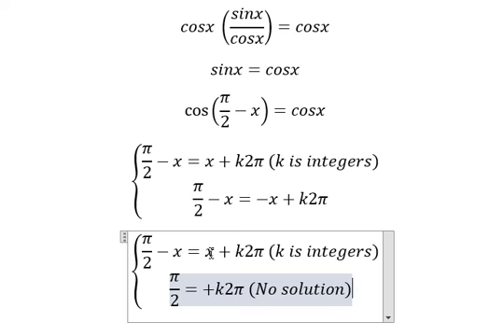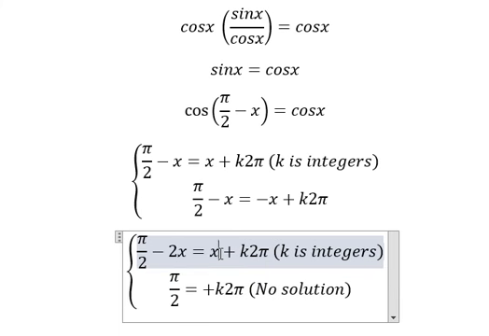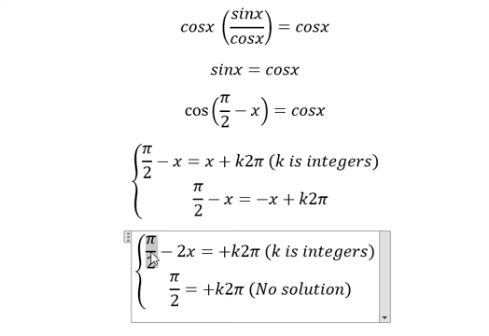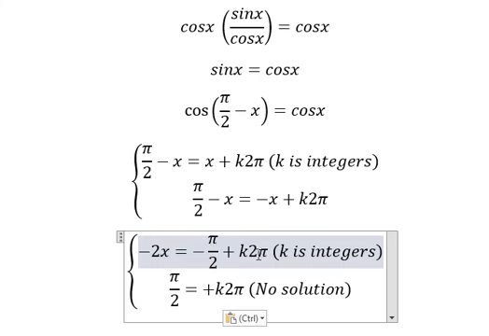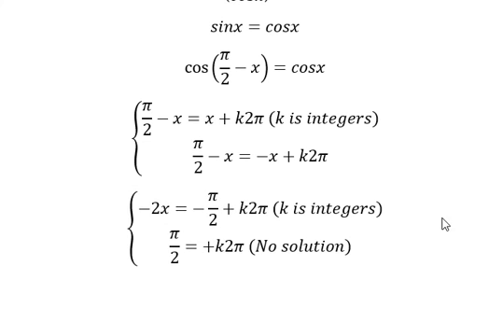About this one, we put x to the left, you get negative 2x. π over 2, we move to the right, you get negative π over 2. So in this situation, we divide both sides by negative number 2. And we will get π over 4 minus kπ over 2. And this is the answer for the question in here.